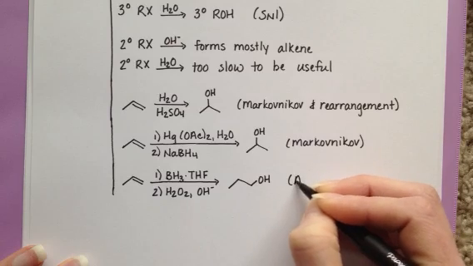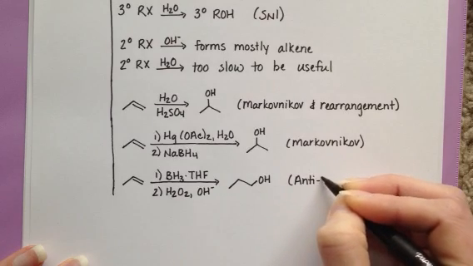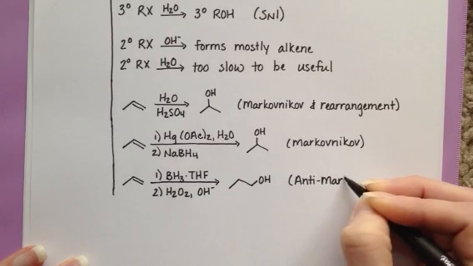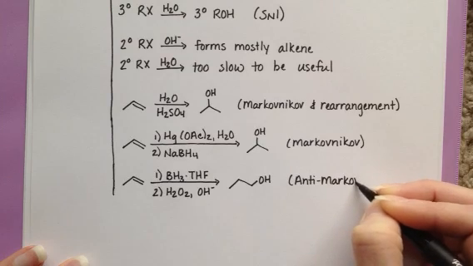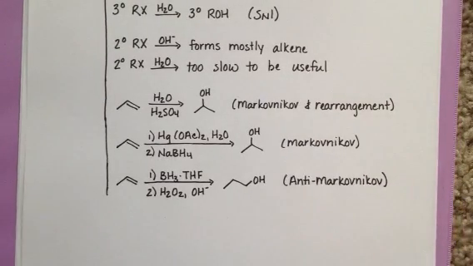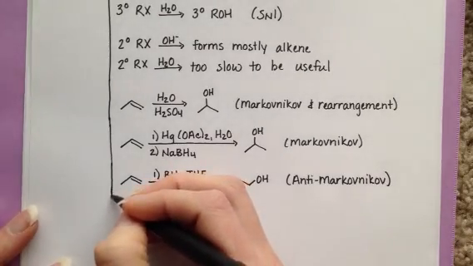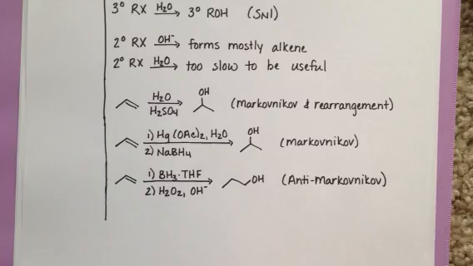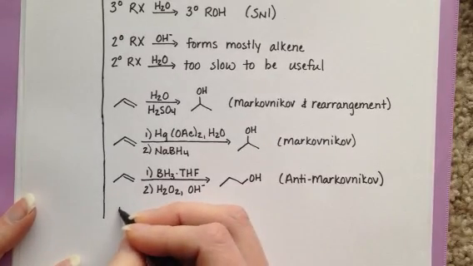And that will give us the anti-Markovnikov product. So in terms of addition, we have the ability to put the OH group basically anywhere that we want it to go. And that is all the reactions for making alcohols that we know to this point.